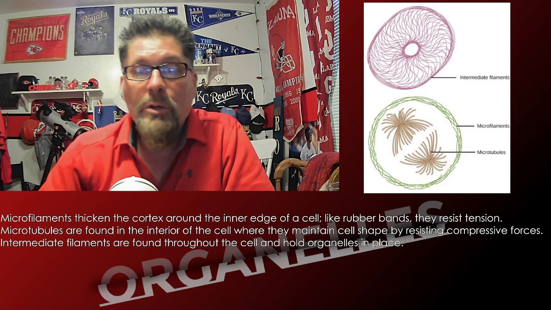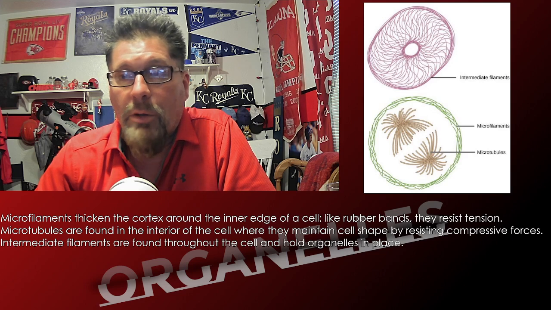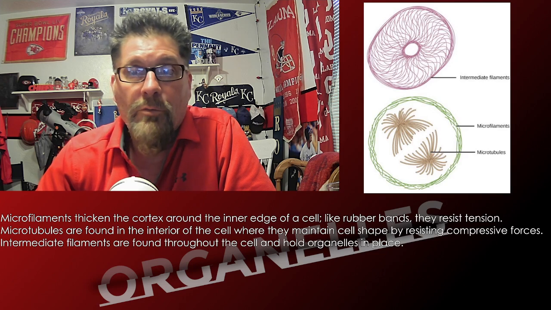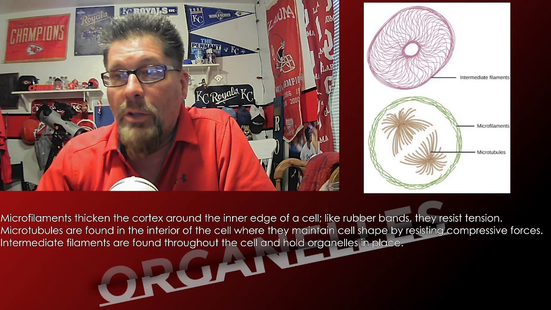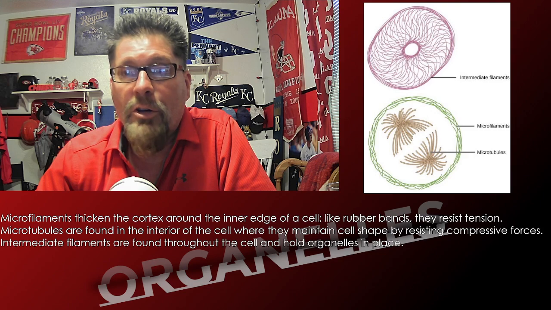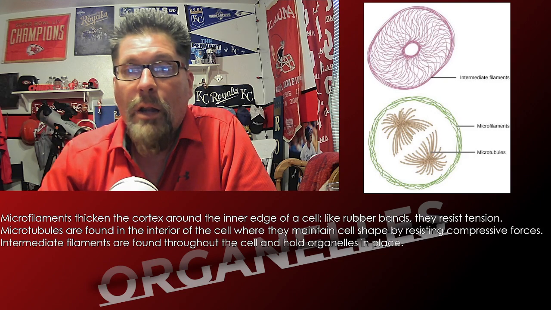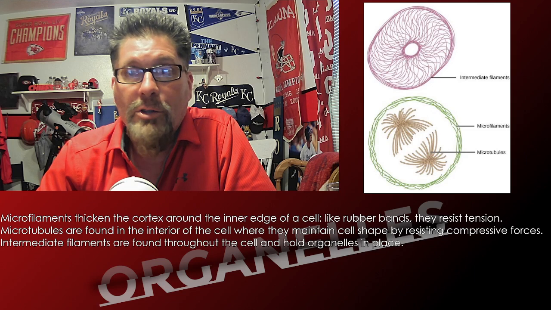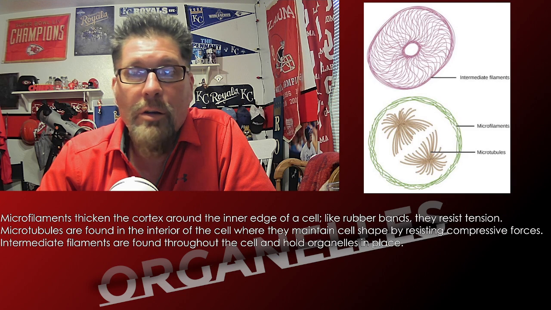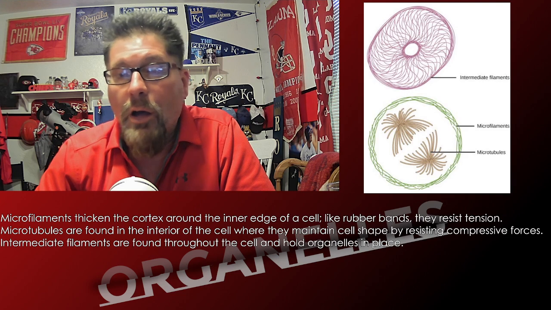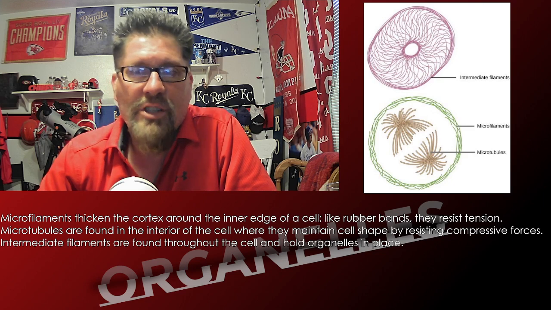Okay, continuing with the cytoskeleton, the first one we're going to talk about is the microfilaments. Examples of those we've already talked about are the flagella and cilia. The microfilaments are in that picture beside me, the green ring around the edge. Those are meant to really keep that shape intact. Kind of a thick material around the inner edge, and similar to rubber bands, they resist tension.